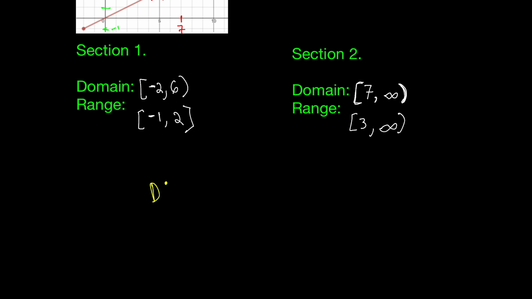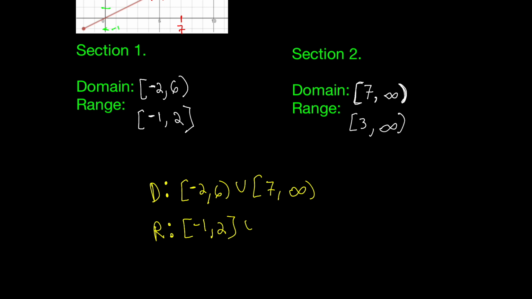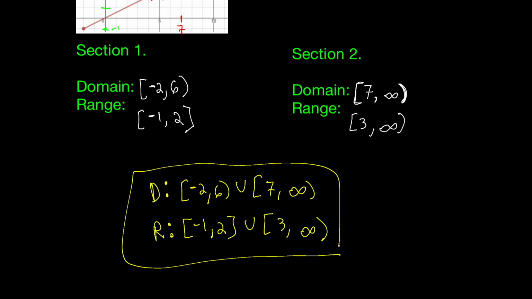The domain of this piecewise function is going to be from -2 to +6, union 7 to infinity. And the range is going to be from -1 to +2, union 3 to infinity. And those are the intervals.